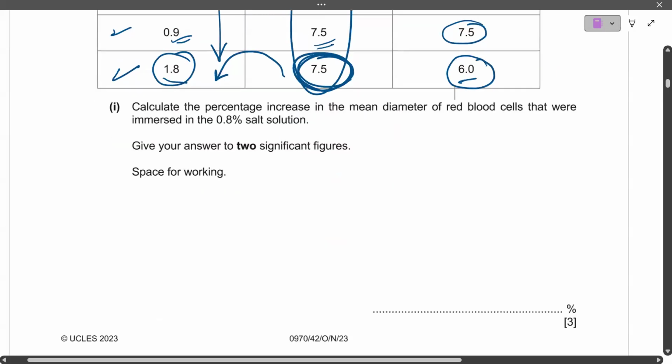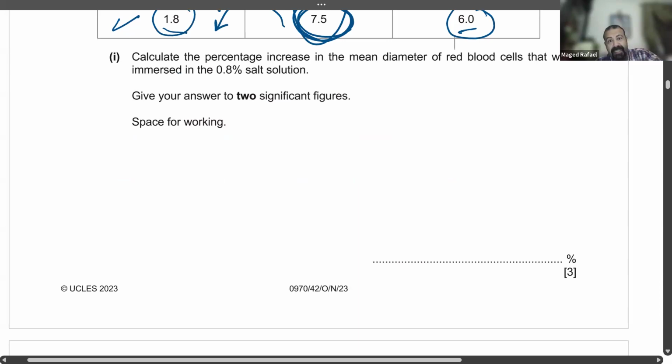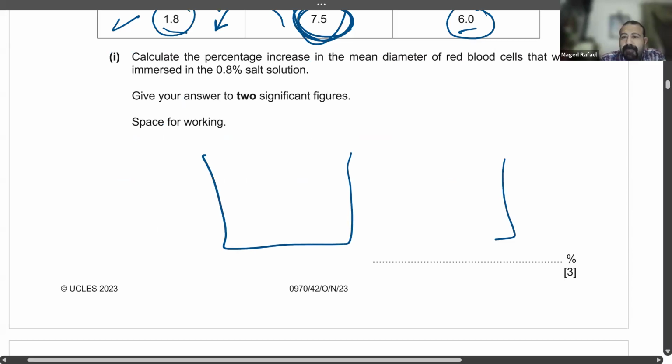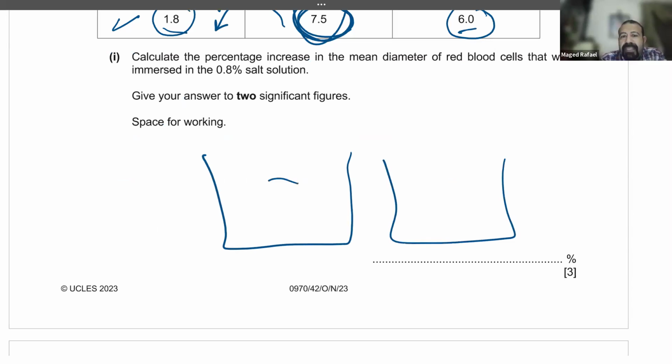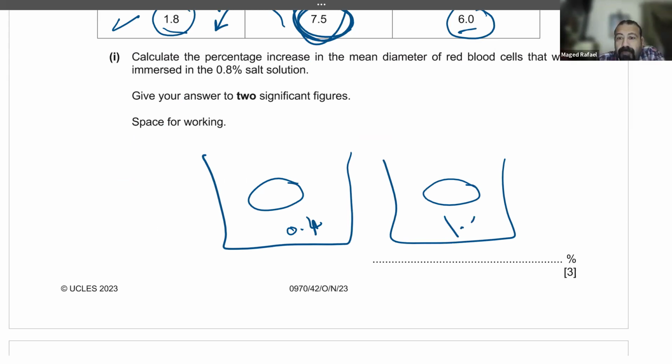Okay. Look, I will draw it, and my drawing is unrelated to this question, but I will draw it now. Look, now we have solution, and the cell is inside. This solution, Bara, has 0.4 concentration of the salt, and this solution has 1.8.